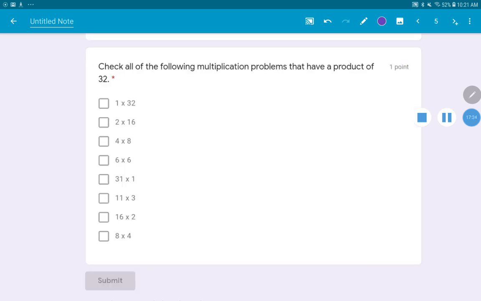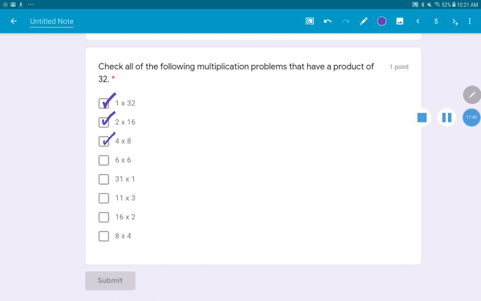Check all of the following multiplication problems that have a product of 32. Is 1 times 32 equal to 32? 2 times 16? Yes. 4 times 8? Yes. 6 times 6? No. Well, what is 6 times 6? 36.